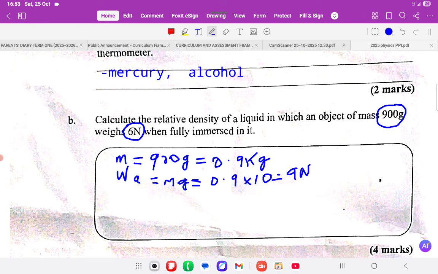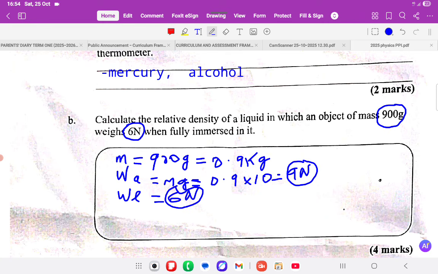All right. But we are told that the weight of the object in the liquid is already given here as 6 newtons. So you can see that in air, the body weighs 9 newtons, but in the liquid, it weighs 6 newtons. So it seems that it has lost some weight.